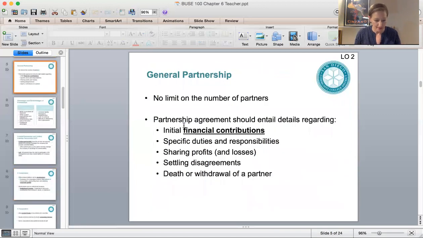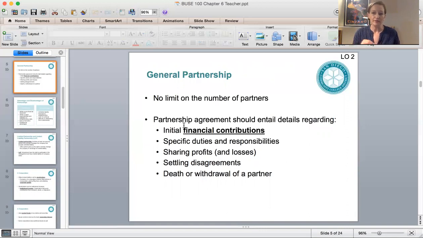A partnership, okay, in a general partnership, there is no limit on the number of partners. And a partnership is formed when the partners enter into a voluntary partnership agreement. Due to the nature of a partnership, it should be a written contract.